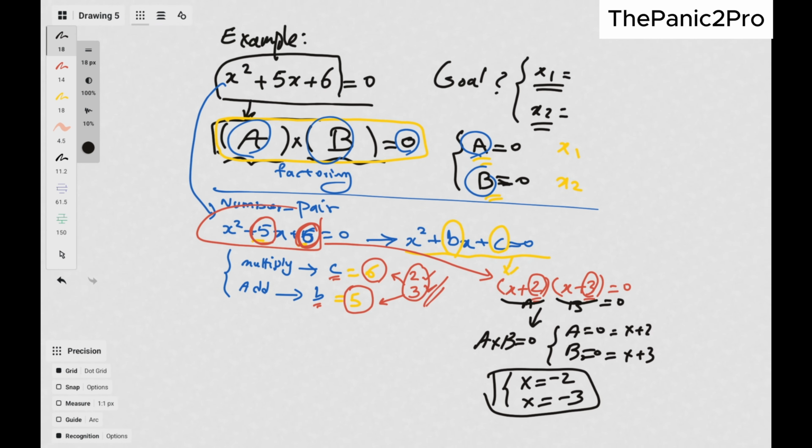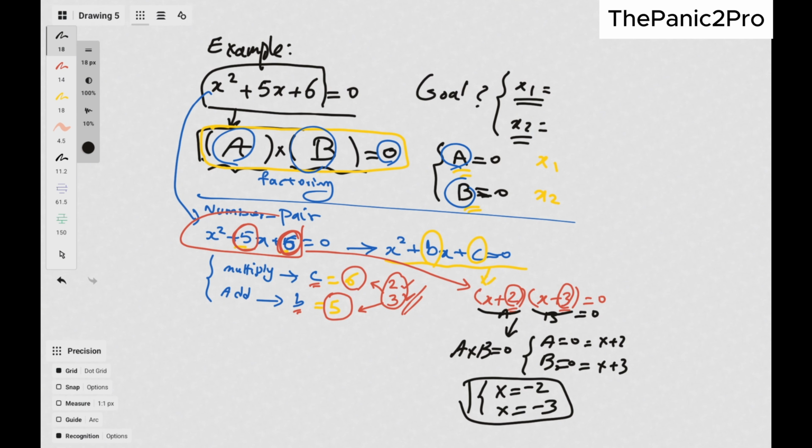Let me start over from here. We have an example, we have a problem. We have a quadratic equation, whatever you want to call it. It's quadratic because the maximum exponent is 2, not 1. We have an exponent of 1 too, but we care about the maximum.